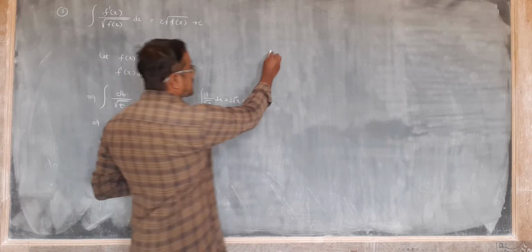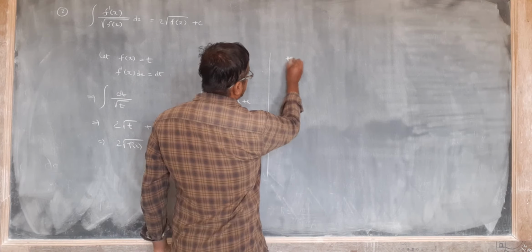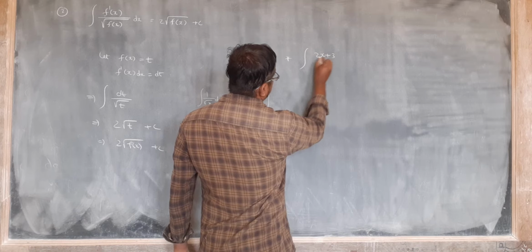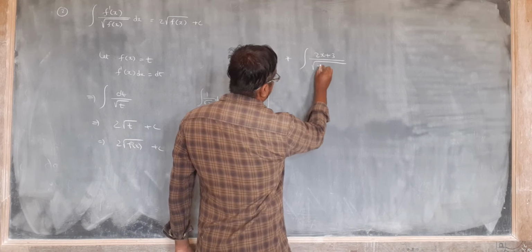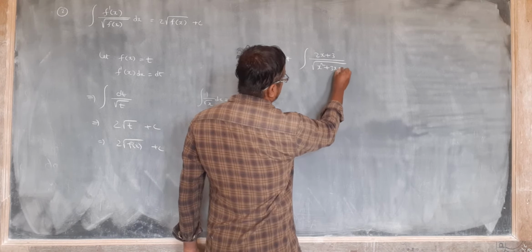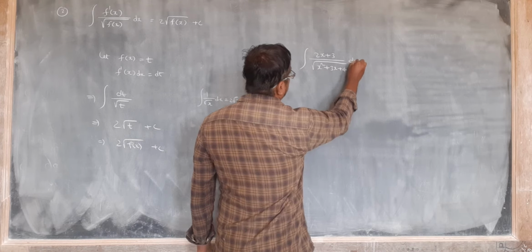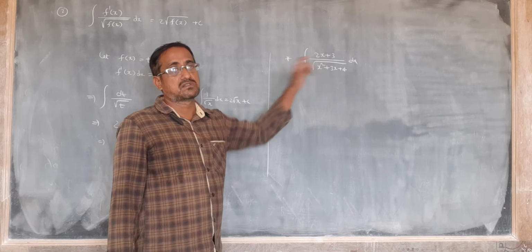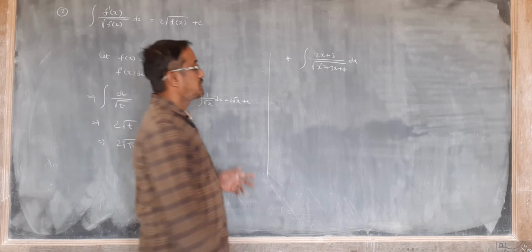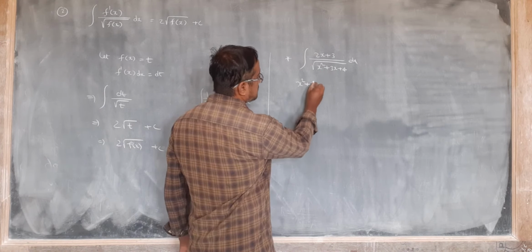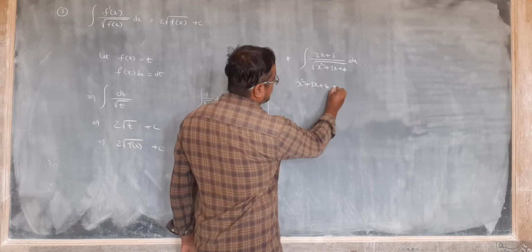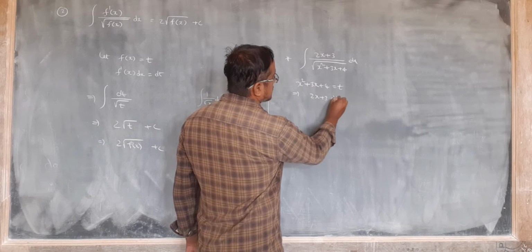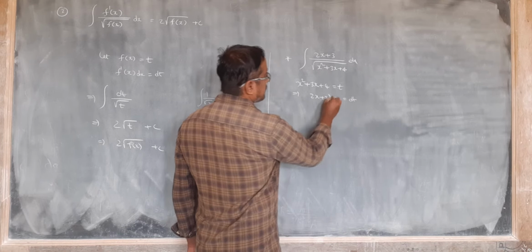I will give you one example. So if this is of the form integral 2x plus 3 by root over x square plus 3x plus 4 dx. Now you can see the derivative of x square plus 3x plus 4. If you take x square plus 3x plus 4 as t, you will get 2x plus 3 dx is equal to dt.